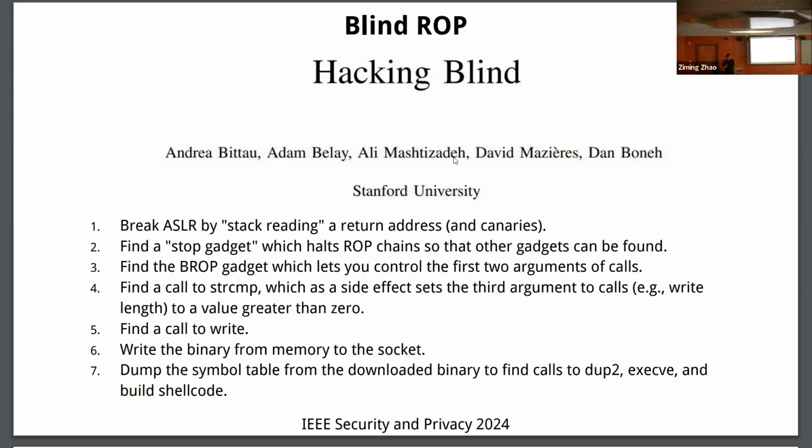Because the child will have the same canary value. But a lot of programs on the internet, the HTTP servers, web servers, are programmed that way. There is a parent process that creates a child process to handle all kinds of socket communications. And the child process will have the same canary value and also the same address space, ASLR.